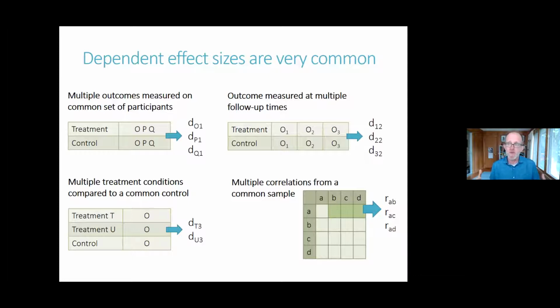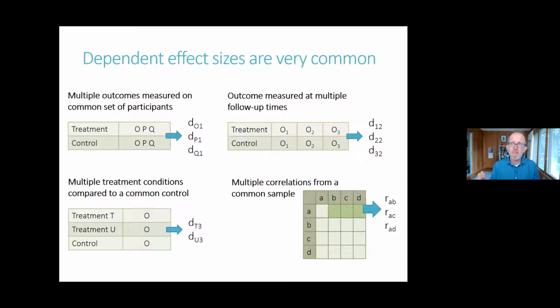The formulas for this sort of thing are available. You can get them in the Handbook of Research Synthesis Methods or many other places. Wolfgang has some functions in metafor to calculate the covariance matrices for some of these cases.